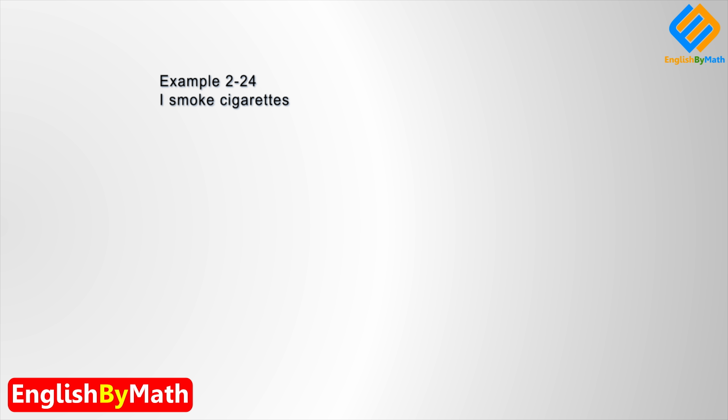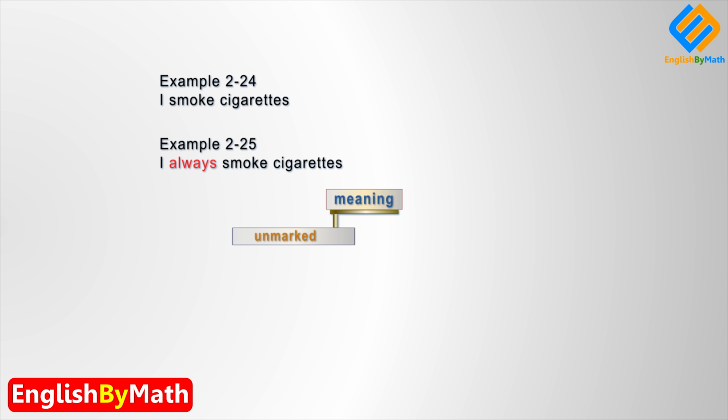What is the difference between a sentence that contains a frequency word and a sentence that doesn't? I smoke cigarettes. I always smoke cigarettes. We can divide meaning into unmarked and marked. When the meaning is marked, that is, carrying a mark, it is specific or special. When the meaning is unmarked, that is, not carrying a mark, it is general.